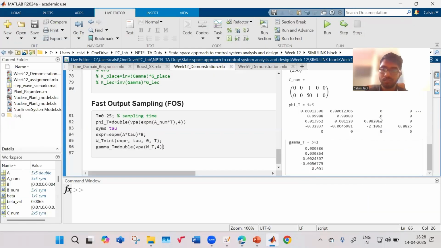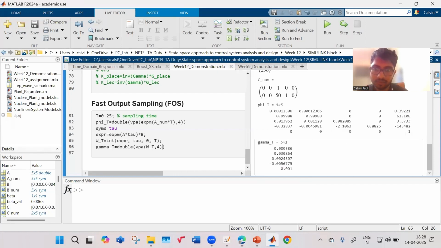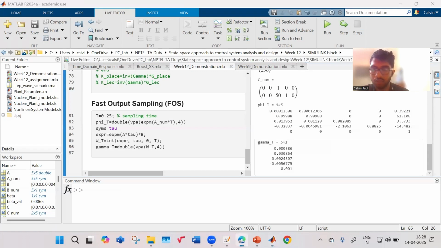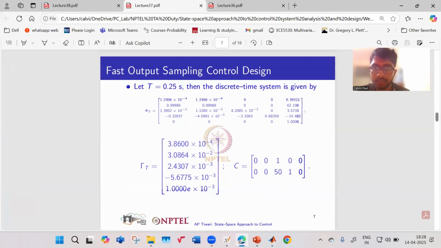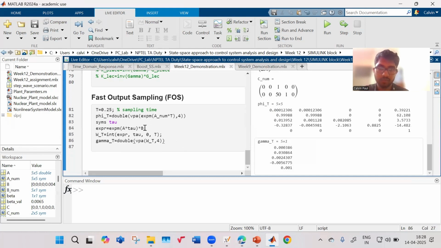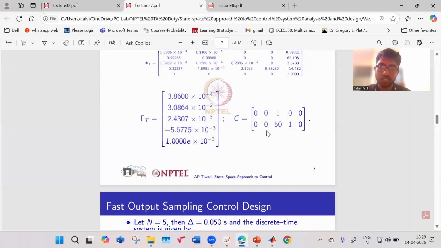And similarly, if we check phi t, there is 0.001 and then again 1.2 times 10 to the power minus 4, 0.39 etc. So we have got our phi t and we have found our gamma t, which we need. Let me confirm, because now we have checked and they are correct. Now C remains the same, C numeric.